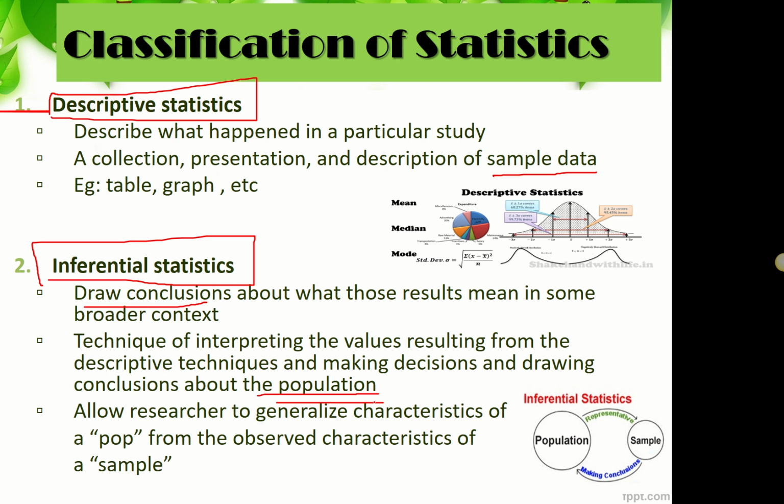The sample is used for descriptive statistics, and when we try to infer back to our population and generalize the result, we must use inferential statistics. So there are two statistics.